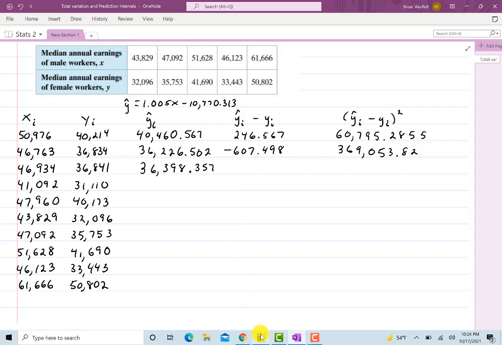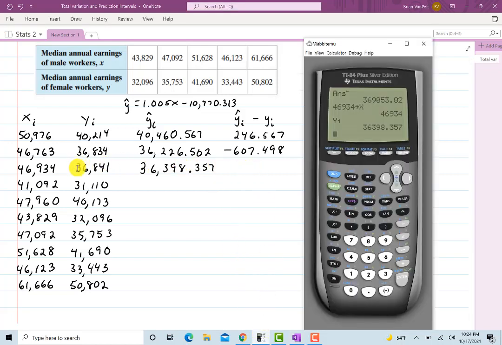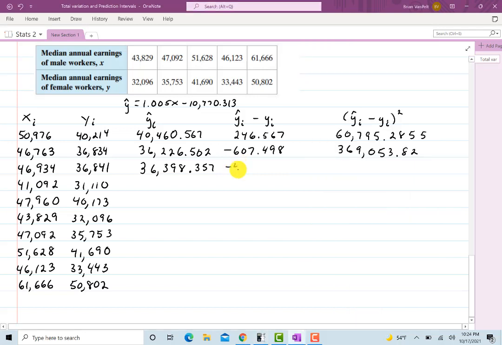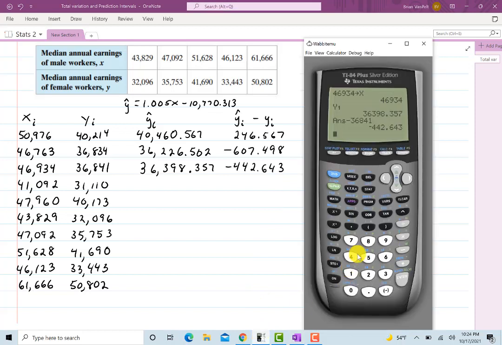And then continue the rest of the calculations. Let me subtract 36,841. I get negative 442.643. And then I will square that. 195,932.